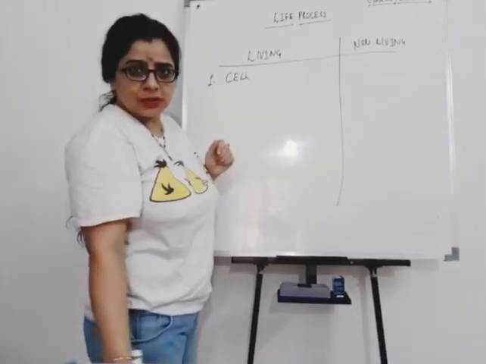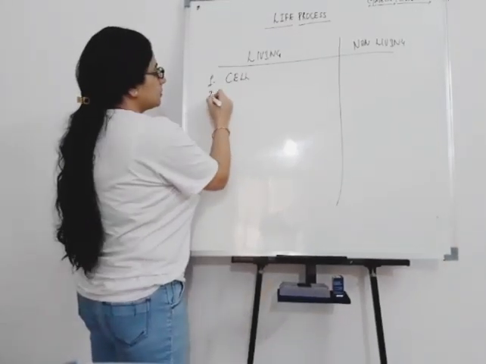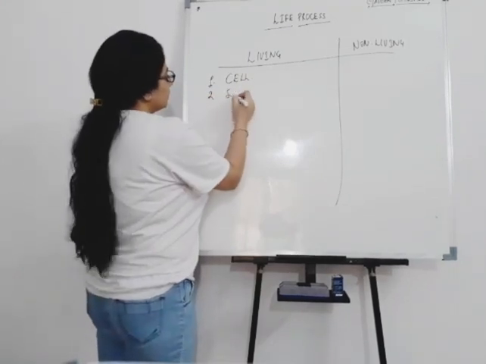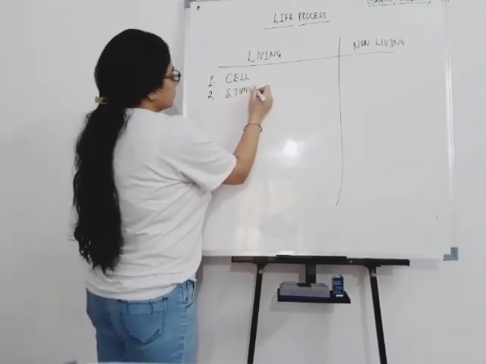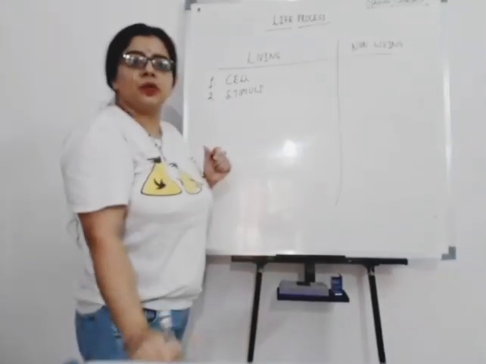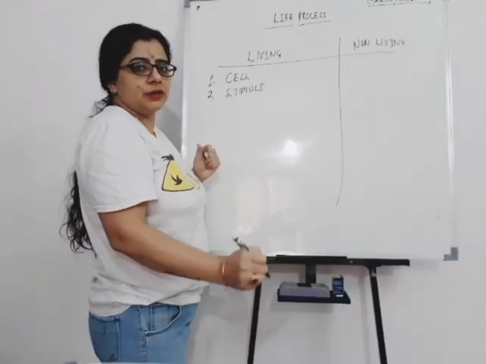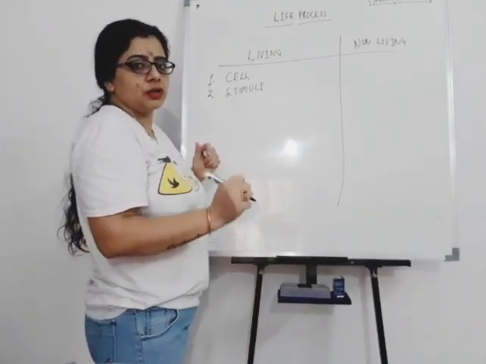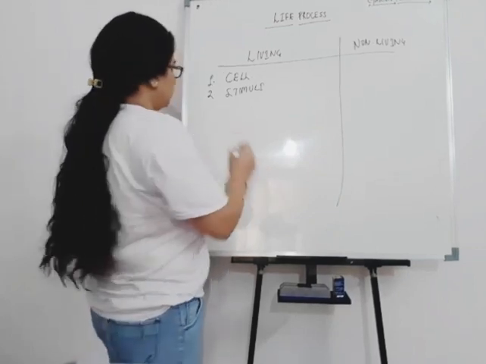Cell is a basic unit of life. Second, they will respond to stimuli. It means they will respond to the external environment such as pain, touch, temperature.